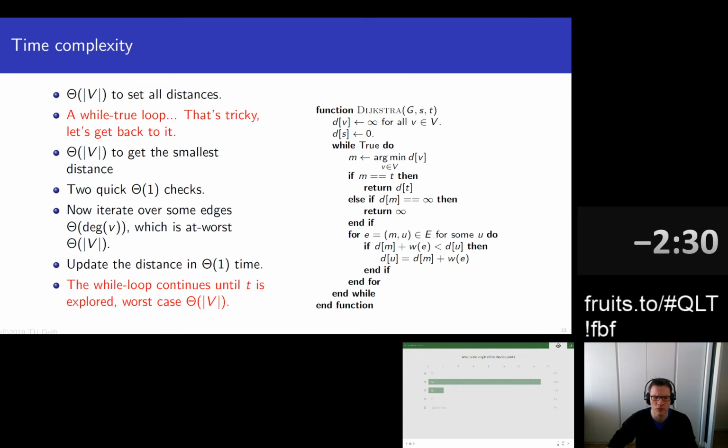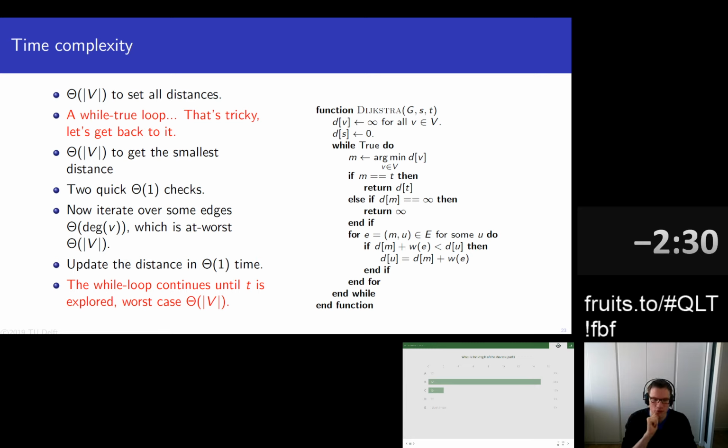So that gets me to a time complexity. Oh wait, there was still that while loop. So the while loop, well, how often do we do this? Well, worst case, I get every vertex out of this queue, or every vertex once, right? There's this cloud which I'm adding stuff to, and I should never consider a vertex that's already been added to the cloud. So worst case, until either T is explored, which requires going through all the vertices, or I cannot find T and I go through all the vertices.